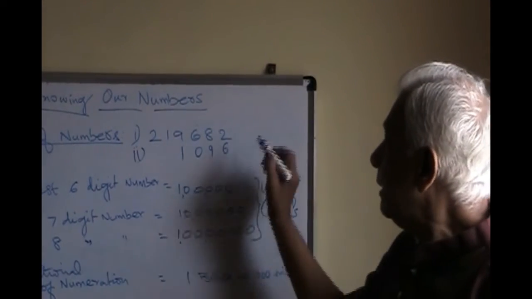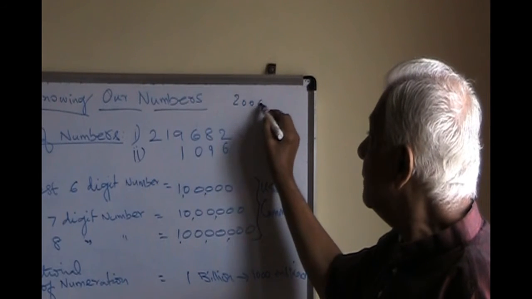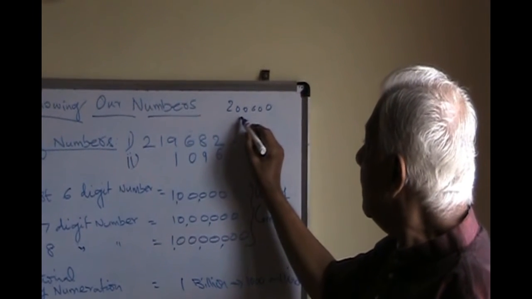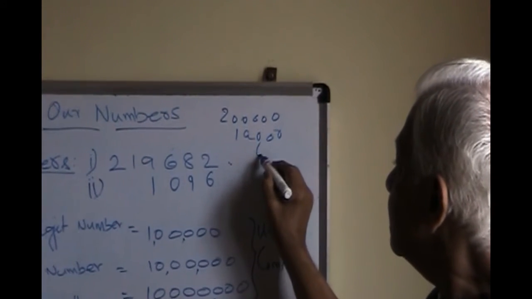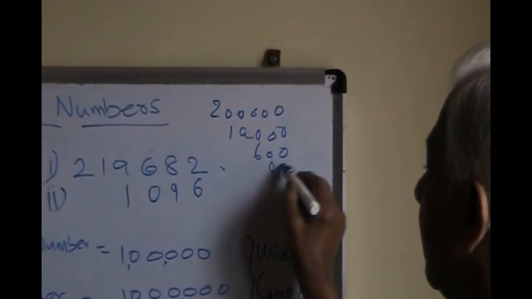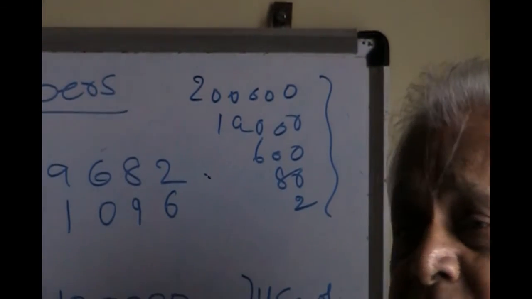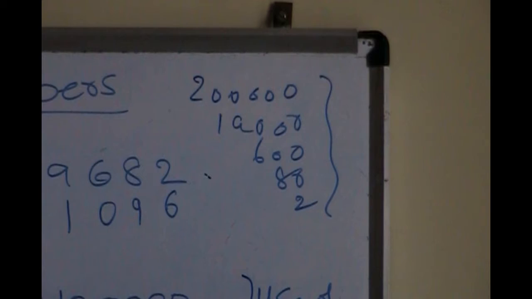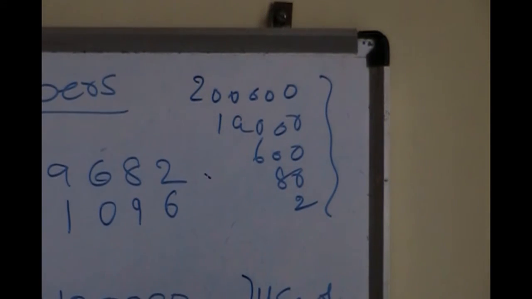You can write it as 2,90,682. This is how the positions of digits take place in a number.